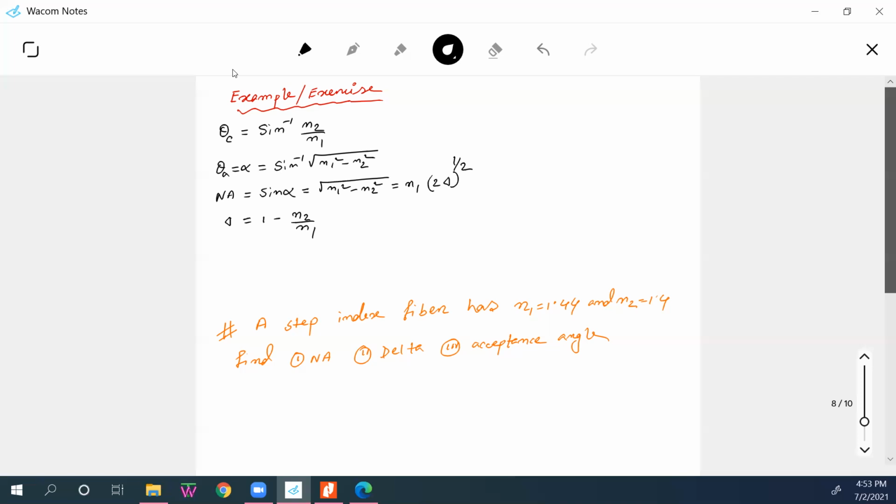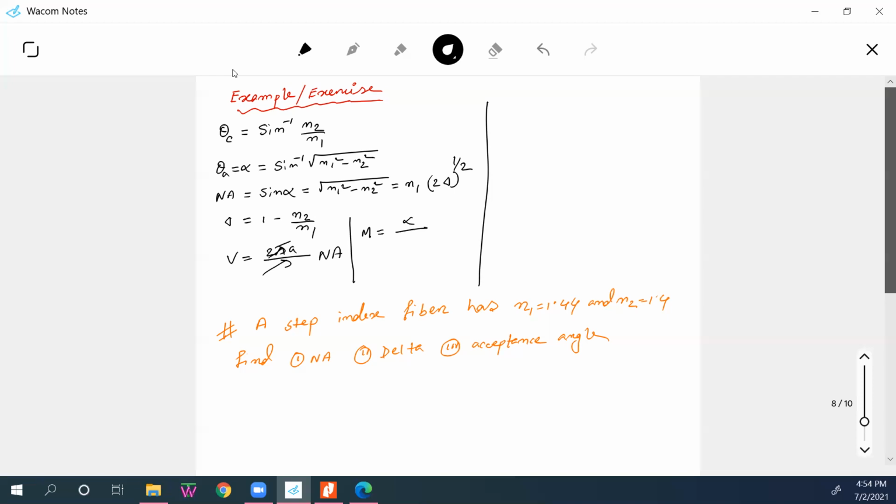We also found a V parameter, right? V equal to 2 pi a, or d, whatever the diameter, by lambda, times numerical aperture. We also find M, the number of modes.